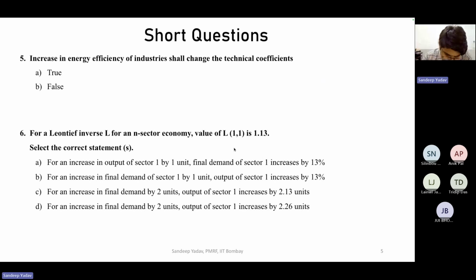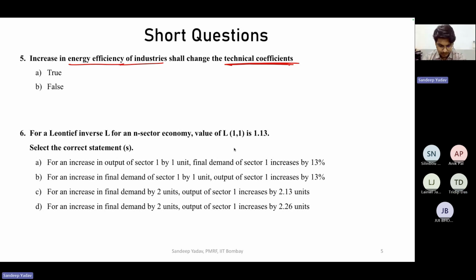So it is asking whether an increase in the energy efficiency of industry shall change the technical coefficients. Is it true or false? Yes, it is input-output. It is true, sir.